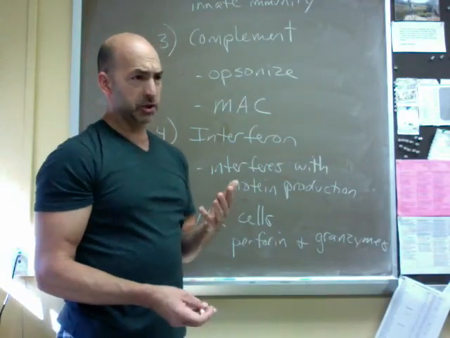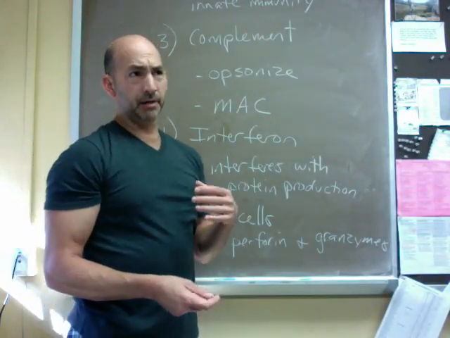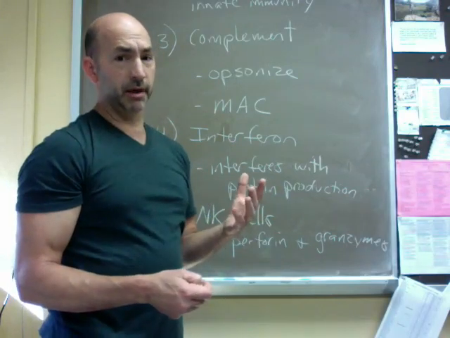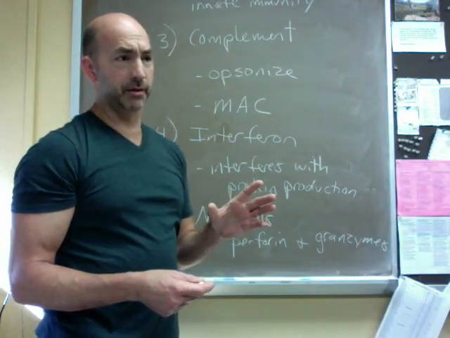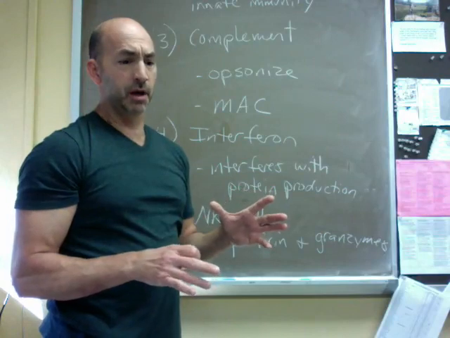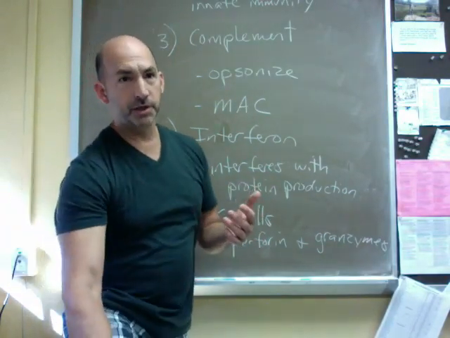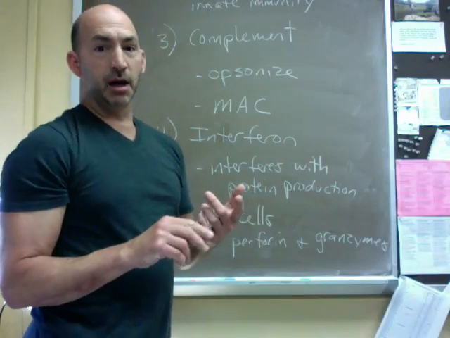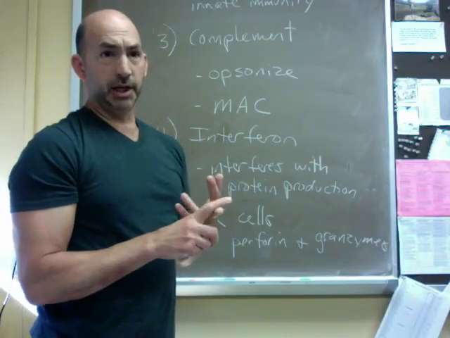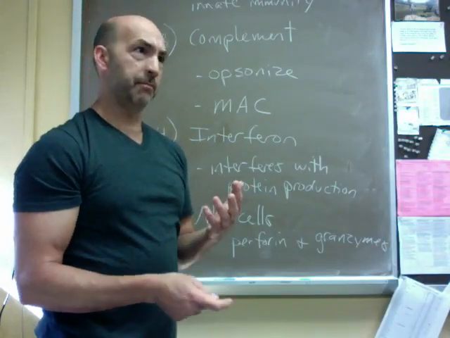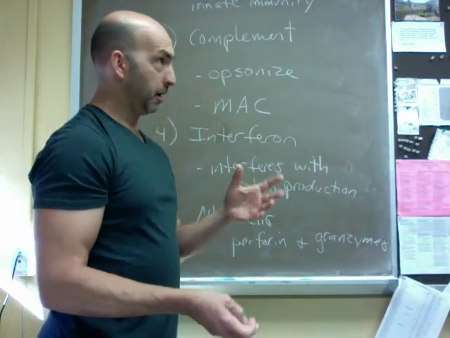And a lot of that is initiated by the eicosanoids, right? Remember the eicosanoids? They're one of our chemical messengers. And so one of those molecules initiates pain, another initiates vasodilation.